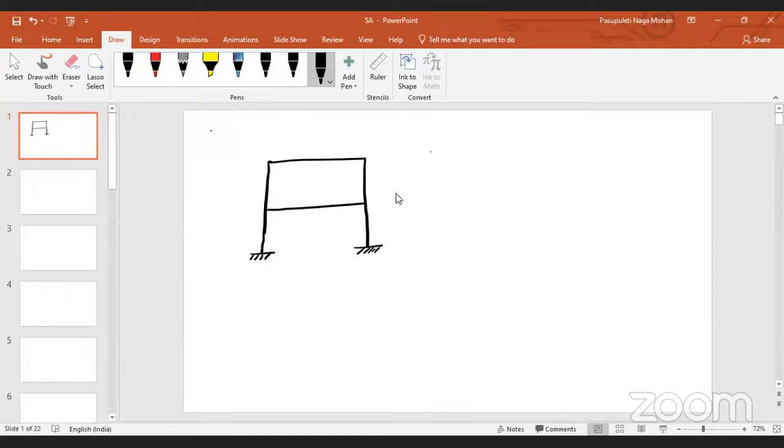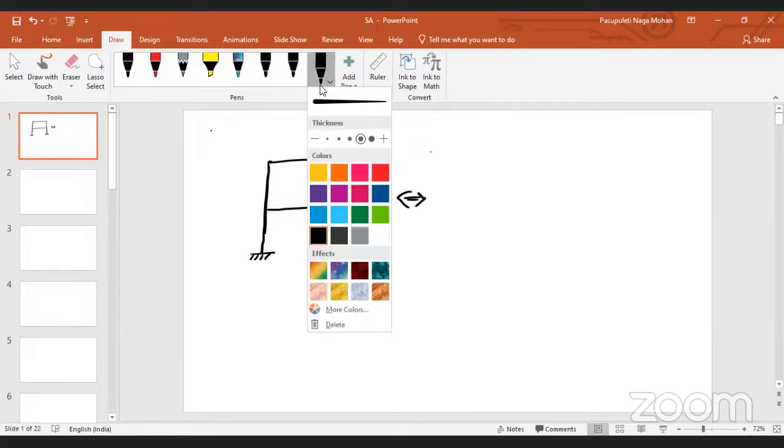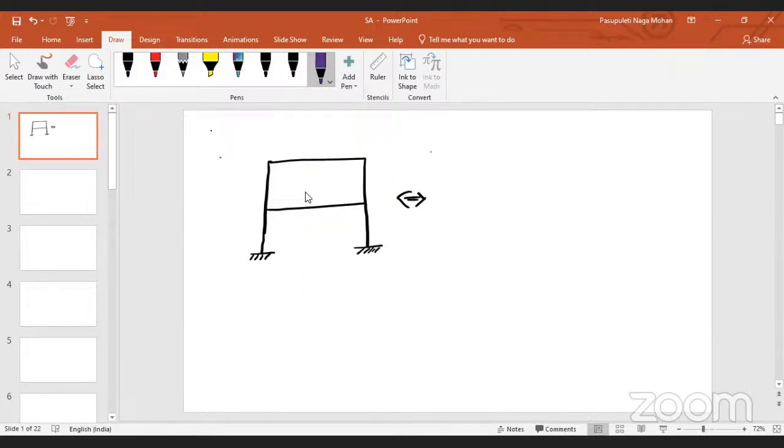Now, first of all, let us try to discretize this into different parts. Suppose I will discretize till here, till this point, till here. So let us divide this entire frame into a number of parts and then see how we can understand it.